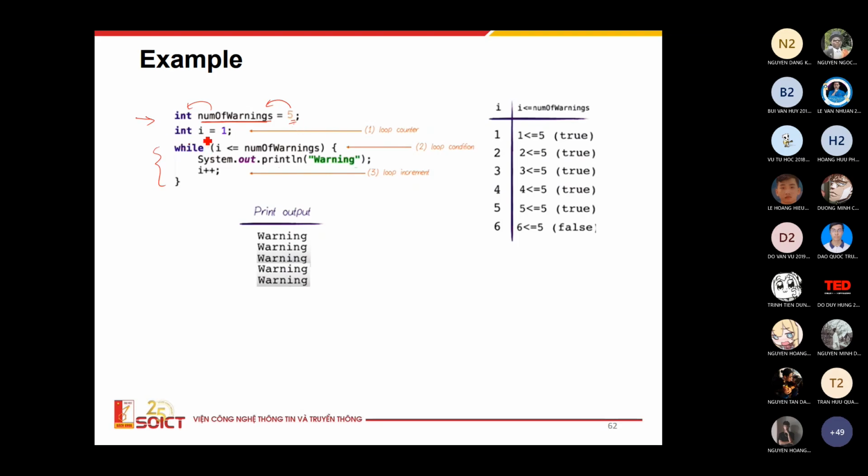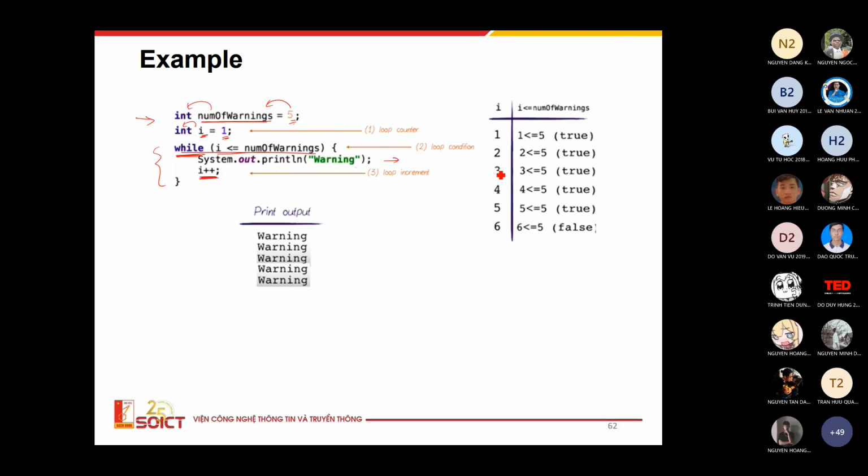You declare another variable i, for example, of the type int, with the value 1. And then you have a while statement where you check if i is smaller than or equal to numOfWarning. This is the condition. So you will print out warning, and you increase i by 1.